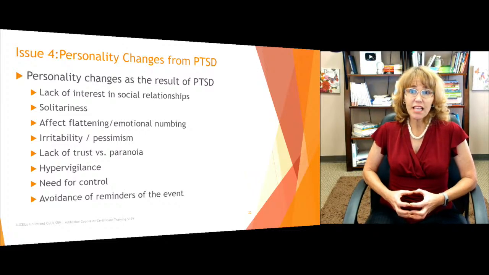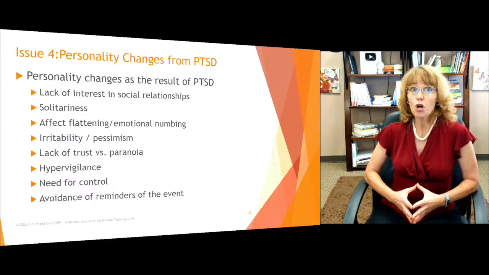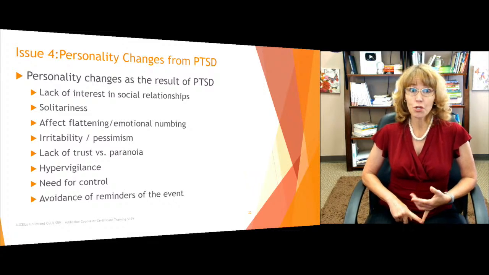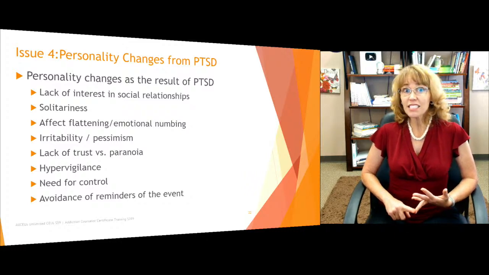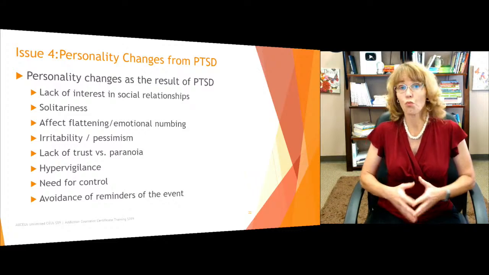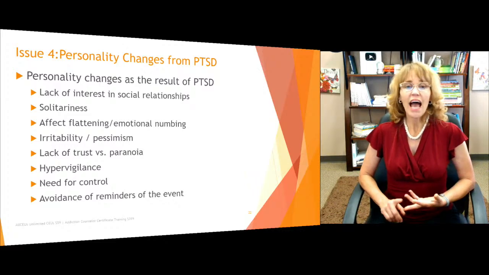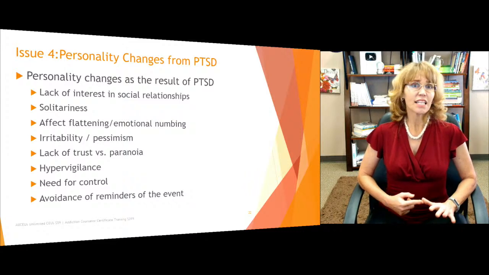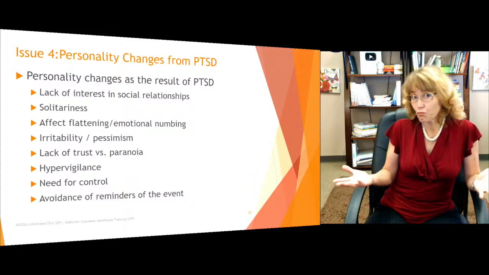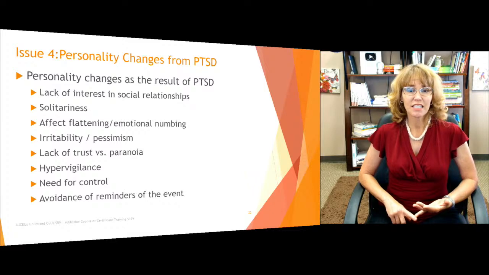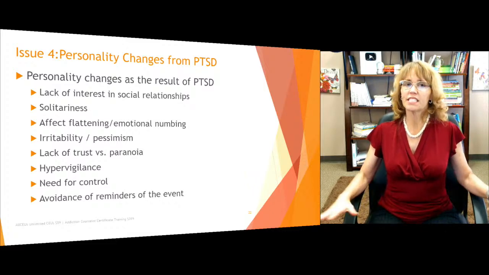Personality changes that can happen as a result of trauma may include a lack of interest in social relationships or avoidance, solitariness, not wanting to be around others, wanting to do things, work by themselves, affect flattening and emotional numbing, irritability, pessimism, lack of trust, or what some might think is paranoid, hypervigilance, a need for control in situations.